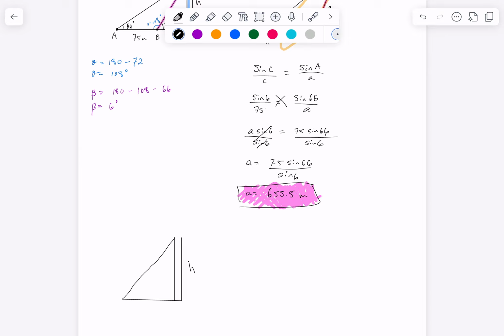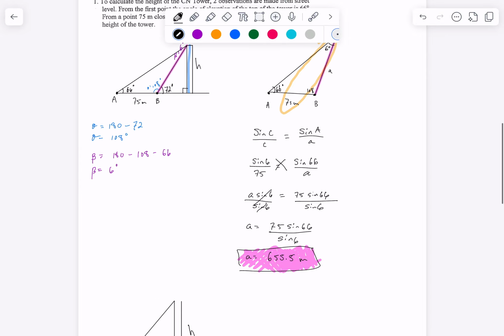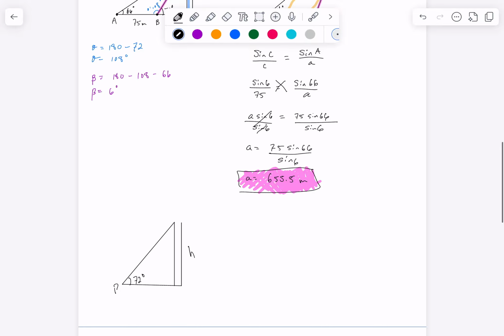And you have your angle of elevation from the beginning of the problem to be 72 degrees, okay? And this is point B. And now you know this is the pink piece here, right? So you know its side length. Okay, and its side length is 655.5 meters.